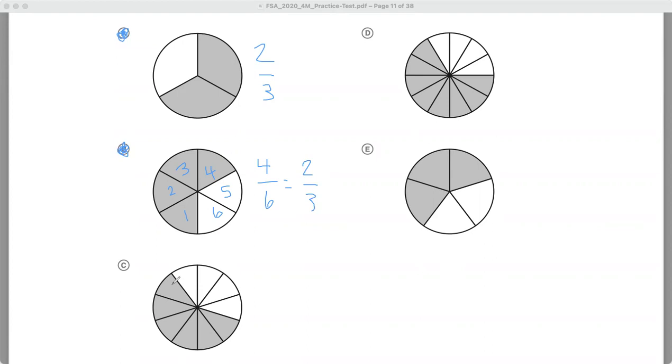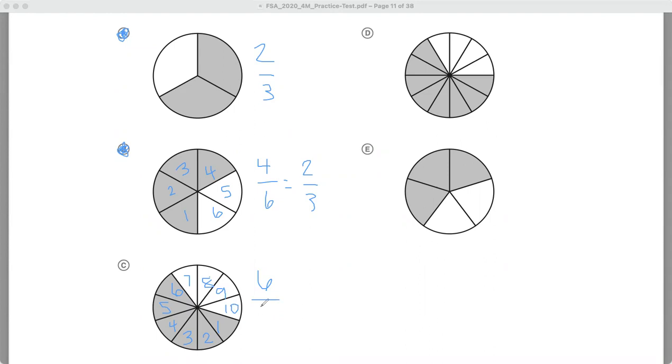Okay, so let's look at this one, C down here. We have 1, 2, 3, 4, 5, 6 shaded parts over how many total parts? 7, 8, 9, 10.